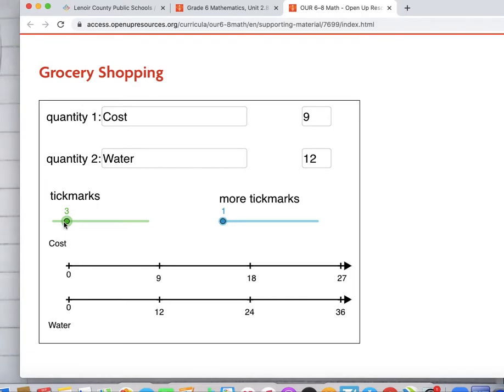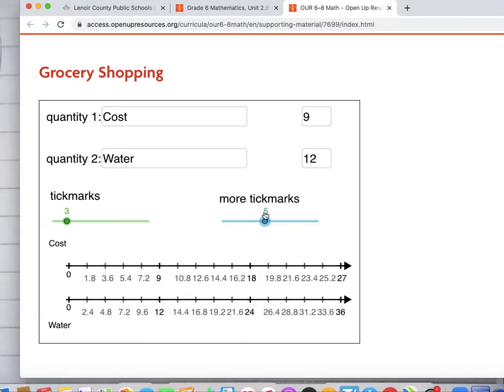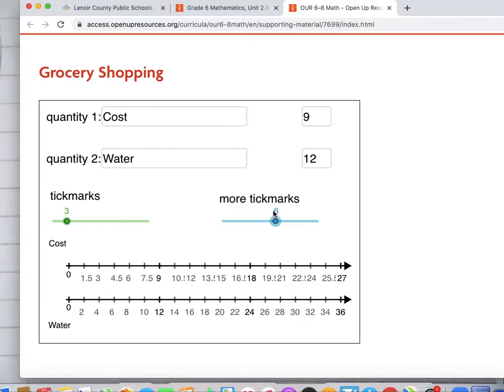Let's find out now about 7 bottles of water. 7 bottles, 75 cents a piece. Okay, I can do that. So if I go here, 7 bottles. Oh, look, we've got something going here now. 7 bottles is between 6 and 8, right?